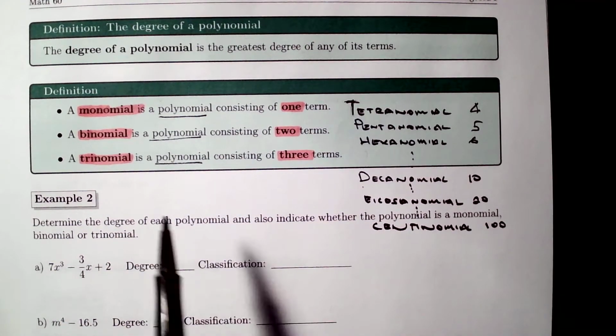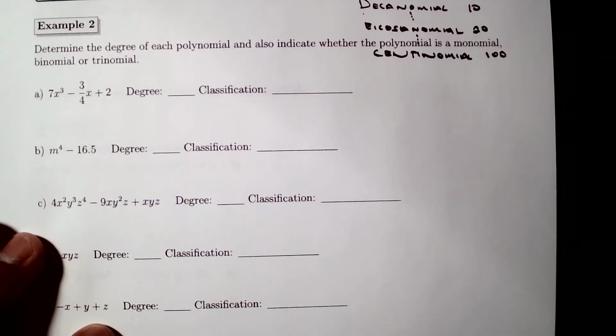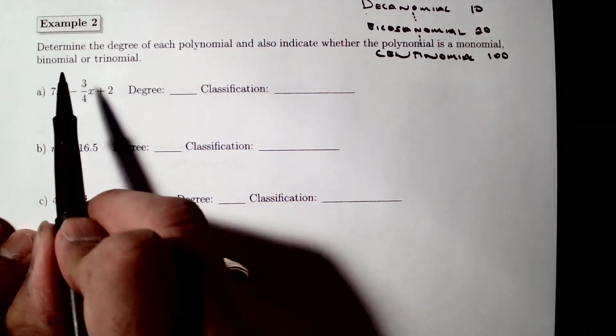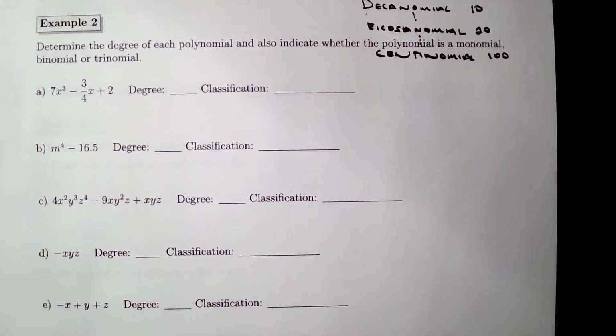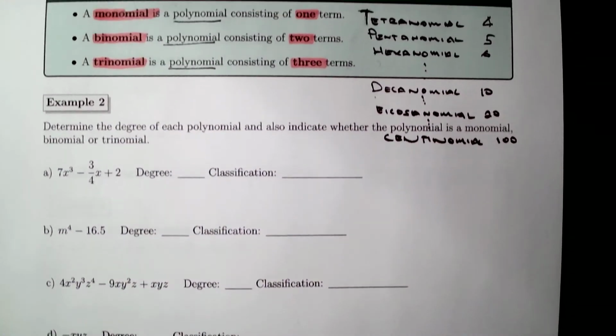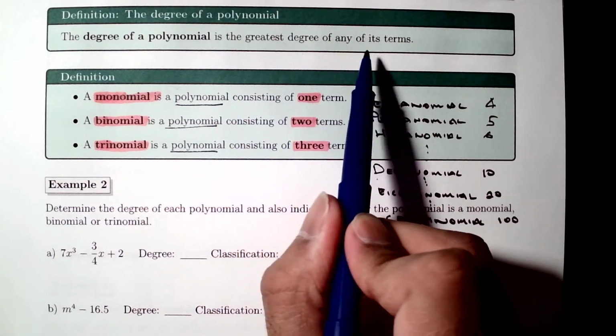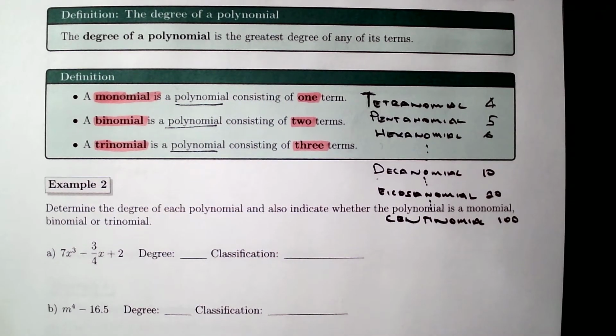Alright, for the next example, determine the degree of each polynomial and also indicate whether the polynomial is a monomial, binomial, or trinomial. Let's identify the degree first. Going back to the definition at the top of the page, the degree is the greatest degree of any of its terms.